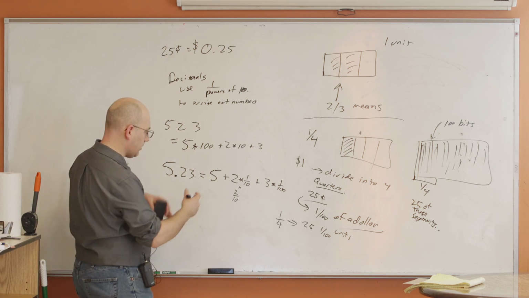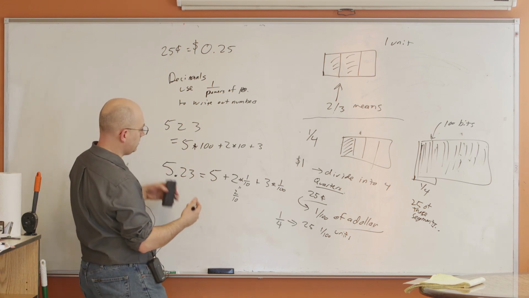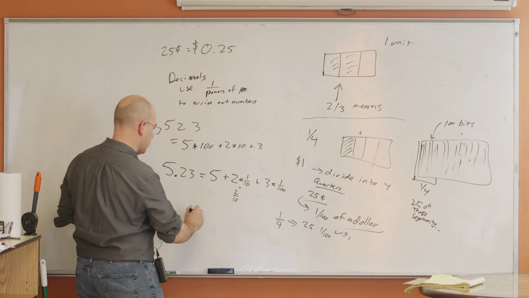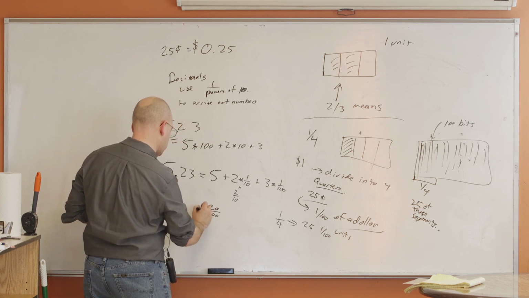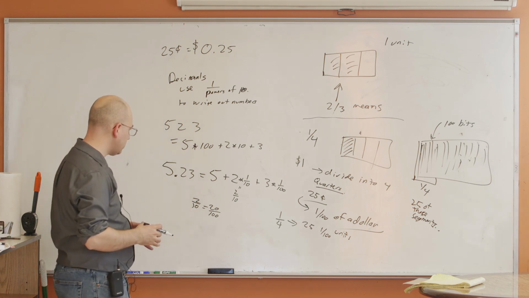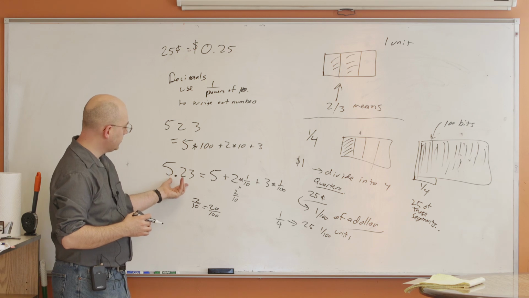Right? And if you think of 20 cents, 2 dimes, so this is kind of like a dime, 2 dimes. That's the same as sort of like 20 over 100. So that's sort of what decimals mean.